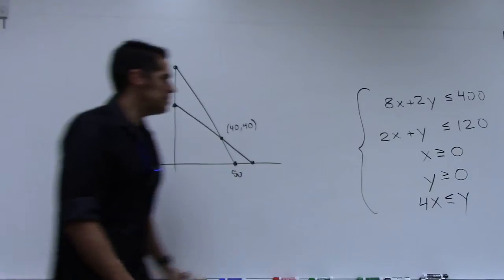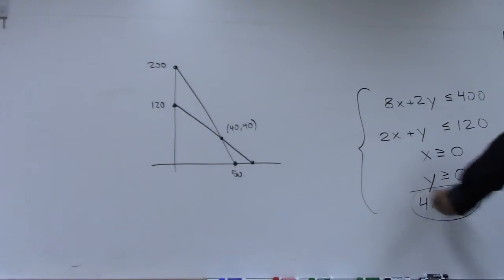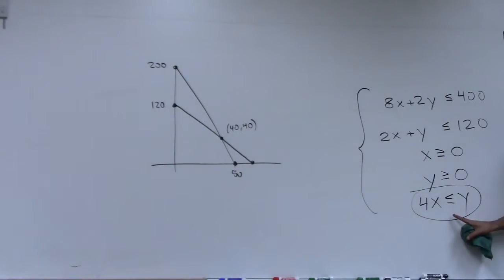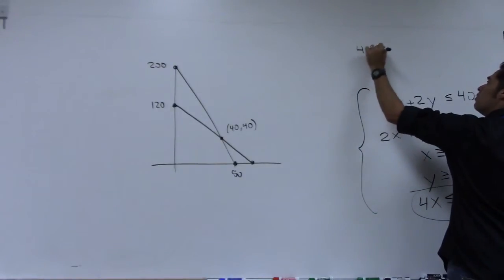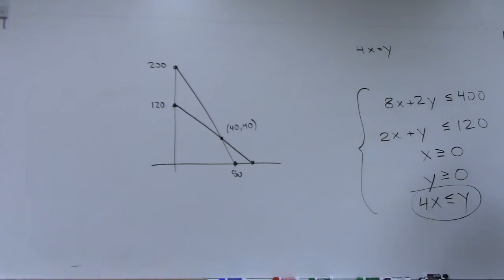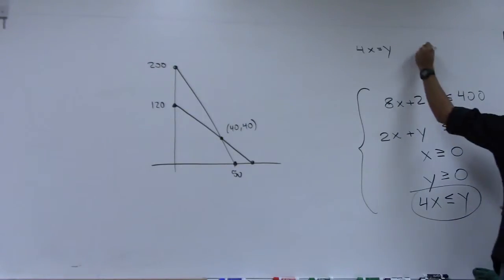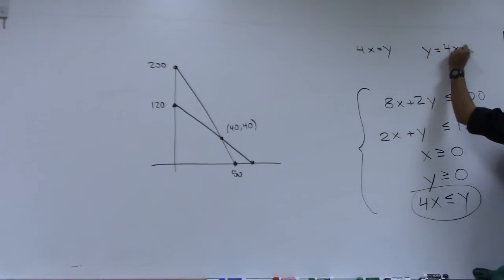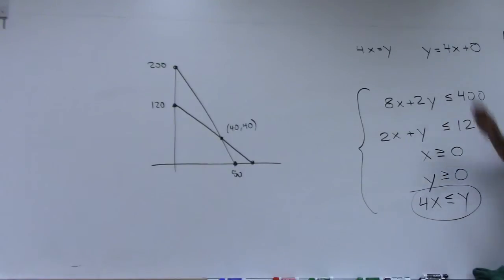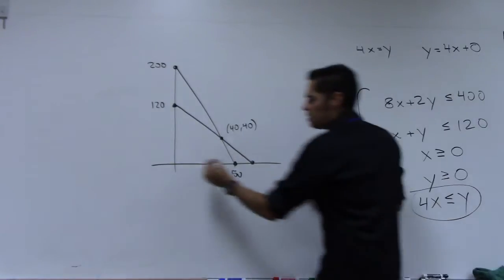We now have to add this additional restriction on here. So let's first turn it into an equation: 4x equals y. Let me write it the other way: y equals 4x plus 0. So this is like y equals mx plus b. What's your y-intercept? 0. So this point lives there.